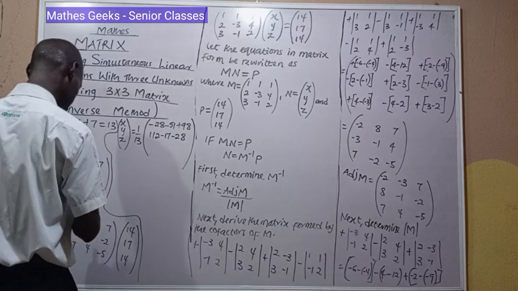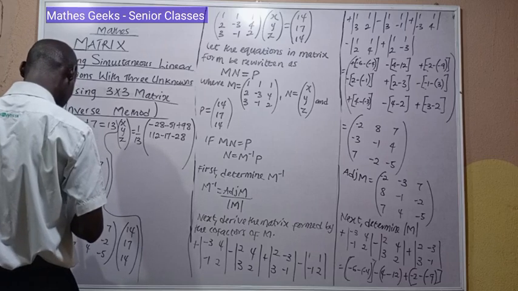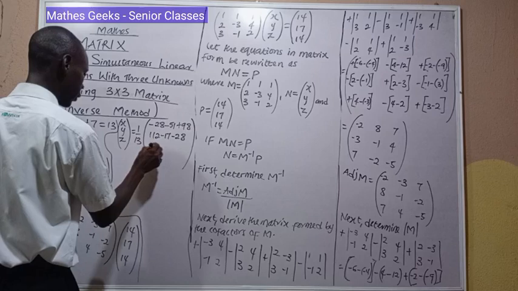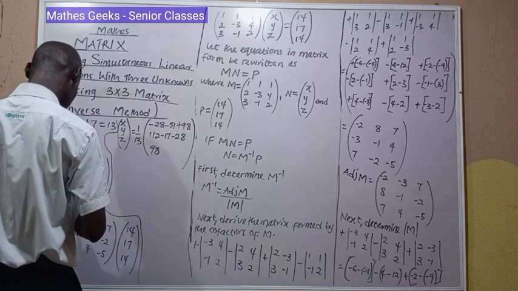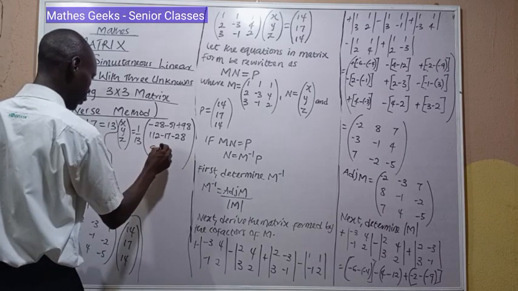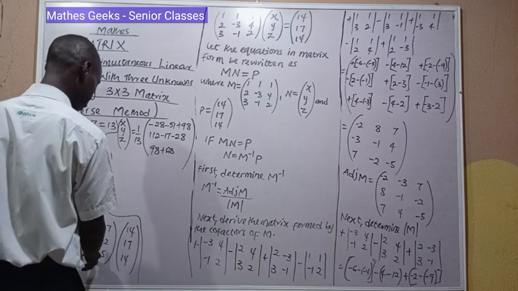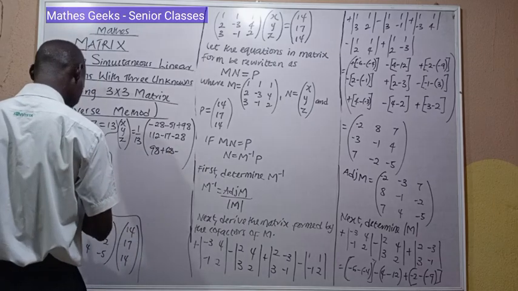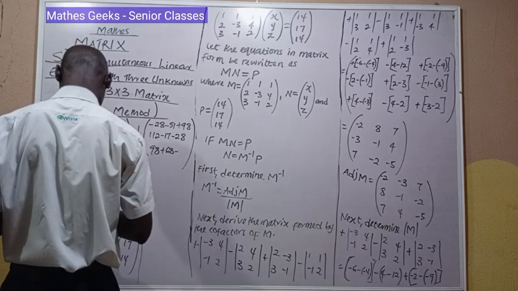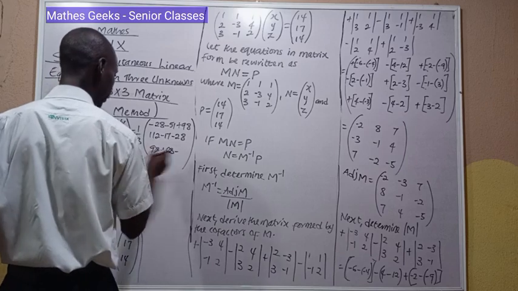Then 7 times 14 is 98, 4 times 17 is 68, and minus 5 times 14 is minus 70.